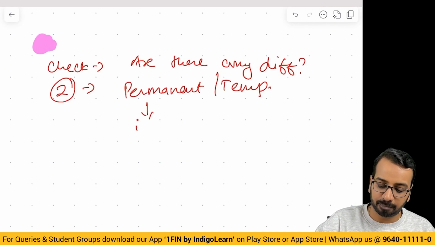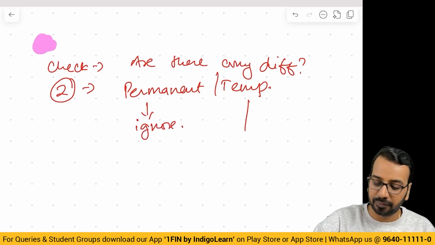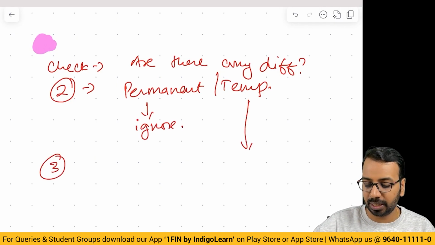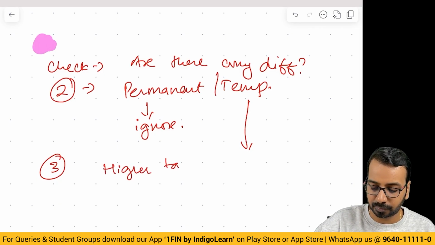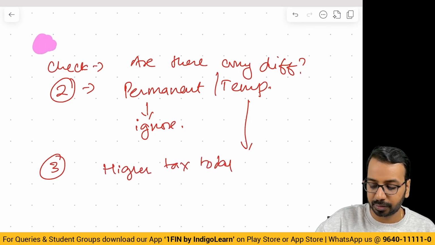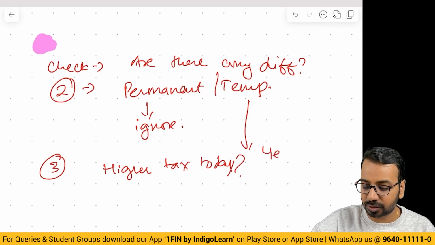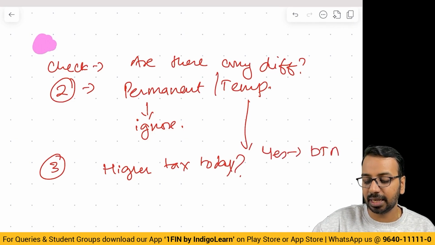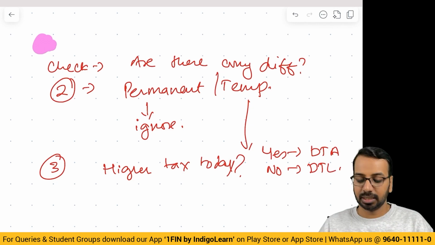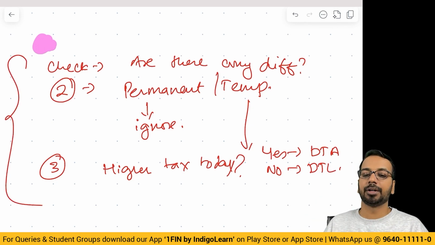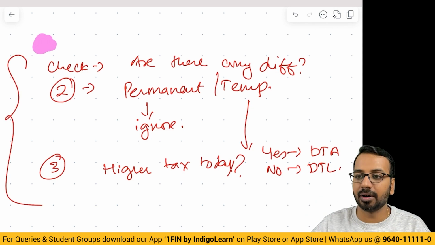If it is permanent, ignore. If it is temporary, step 3 would be whether there is a higher tax today. If it is a higher tax today, then it is a DTA. If no, then it becomes a DTL. This will help you revise this chapter thoroughly.